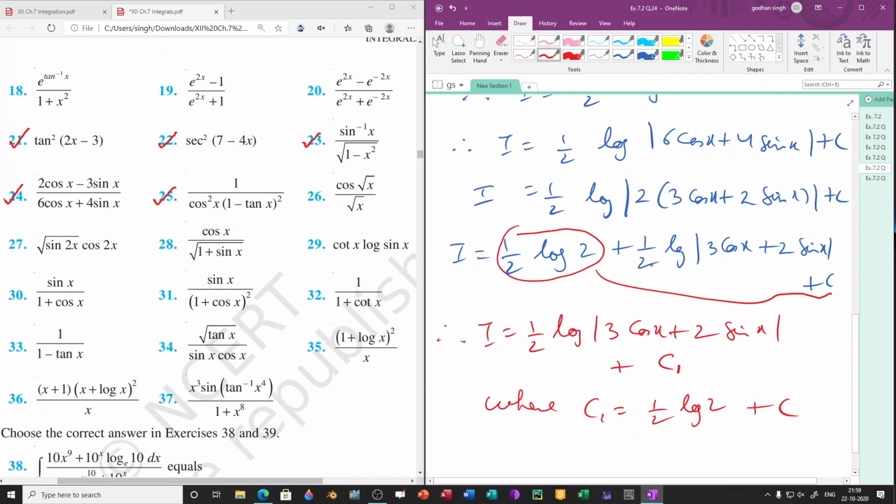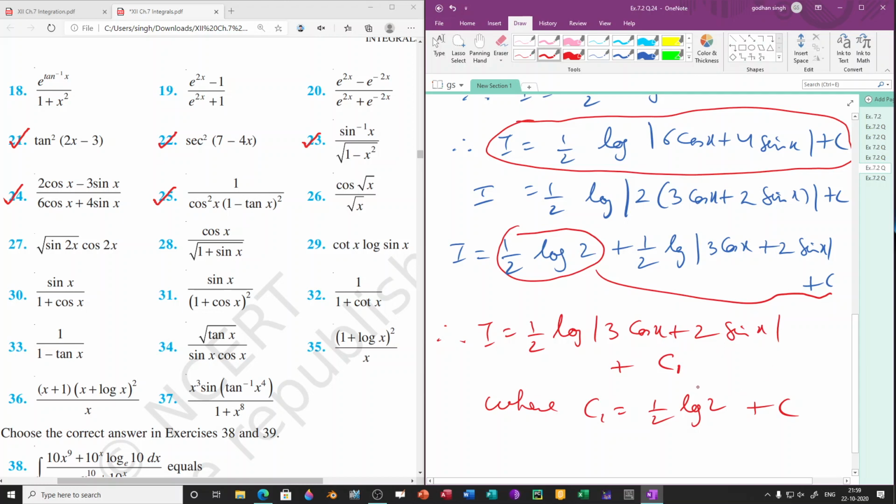So we have seen that the answer which we originally got, I equal to half log mod of 6 cos x plus 4 sin x plus c, is the same as what is given in the textbook. What is given in the textbook? I equal to half log mod of 3 cos x plus 2 sin x plus c.